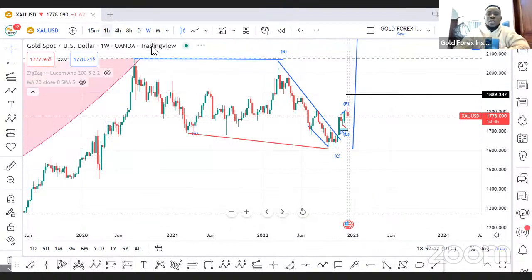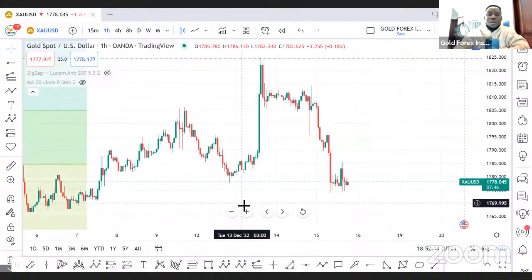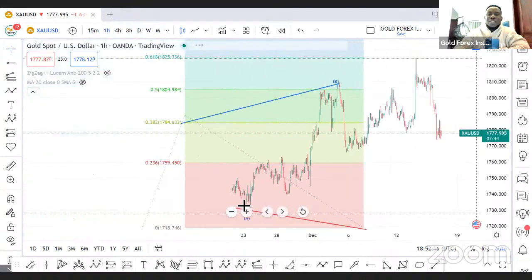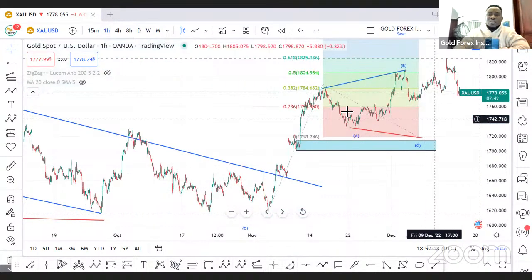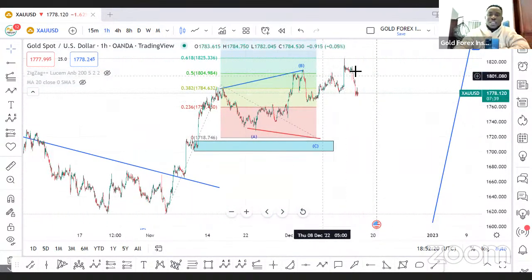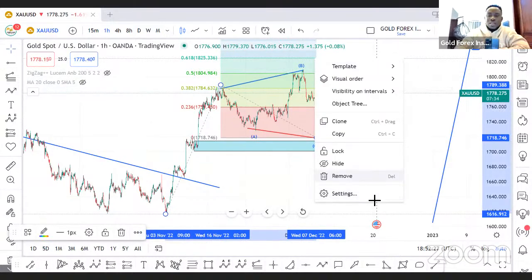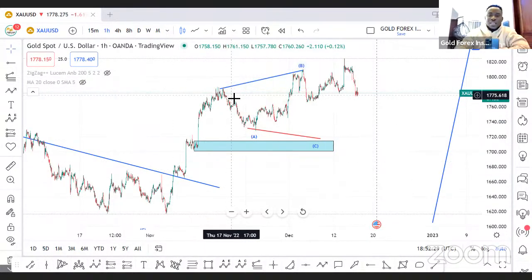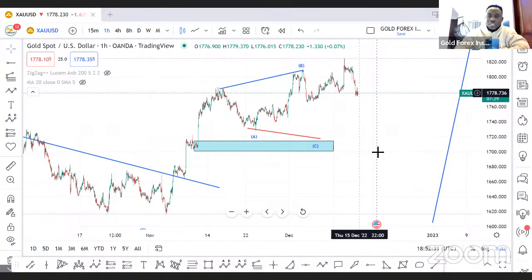So on the lower time frame, like the 1 hour, I'm expecting a flat correction. The flat didn't end there, it got to this level. So in this case, I'm looking at this one as an impulsive leg. Then this one is forming a correction.